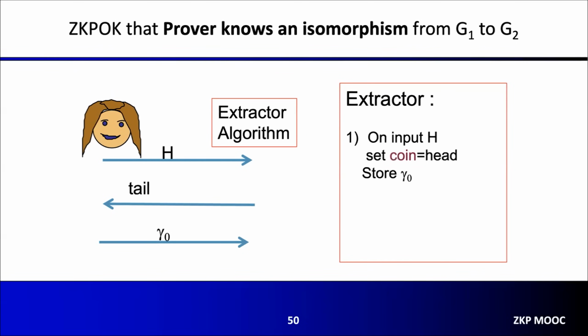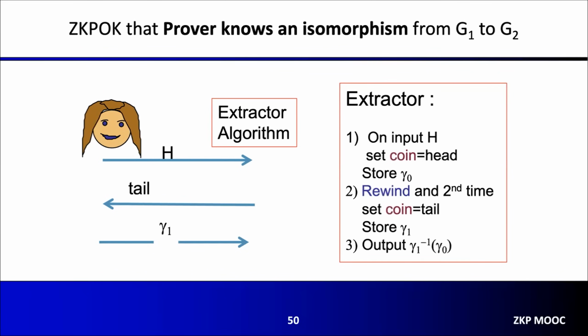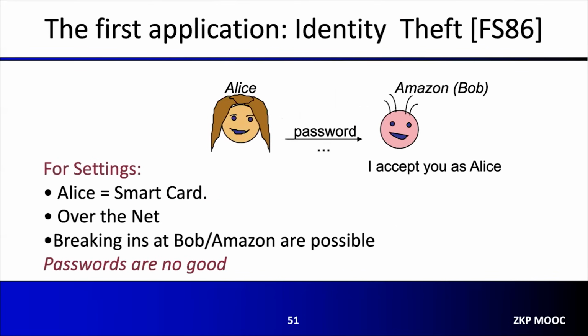You start again with the same H, but this time you ask for tails, and he will give you an isomorphism from G1 to H. And now you can combine the isomorphism from G0 to H with the isomorphism from G1 to H to get a direct isomorphism from G0 to G1. The end. We are able to extract the isomorphism, and therefore we know that this was a proof of knowledge of an isomorphism. Great.